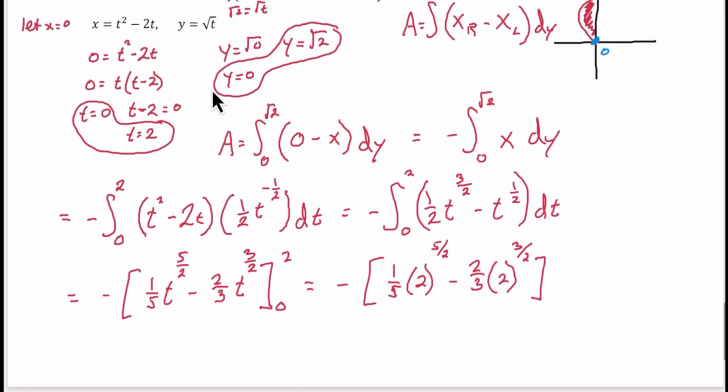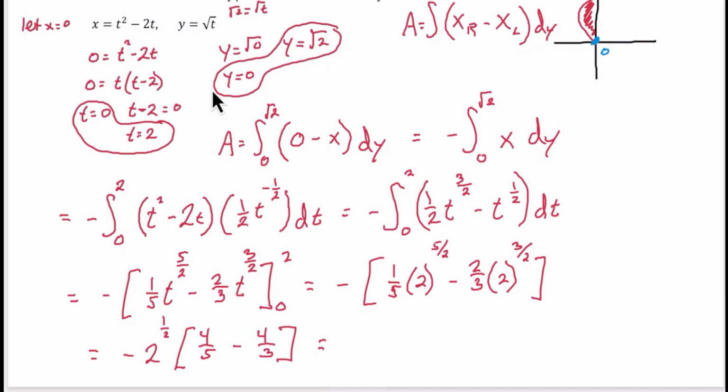Simplifying a bit more, I'm going to pull out 2 to the 1/2 power. I think that's going to make it a little bit easier. That will leave us with 4/5 minus 4/3.